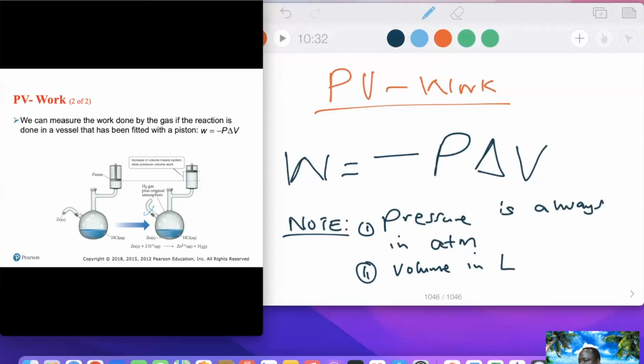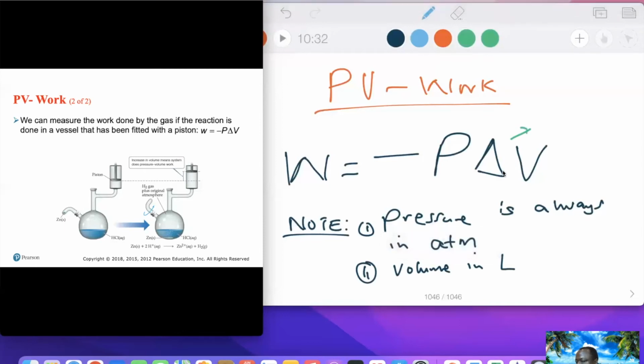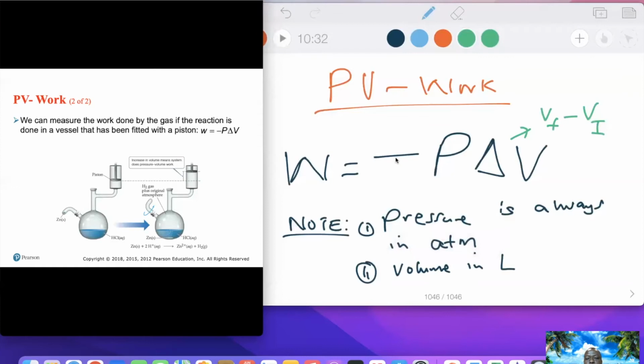If change in volume is negative, remember here you have V final minus V initial. If you end up with a negative here, negative times negative turns out to be positive, which means the system is compressing.